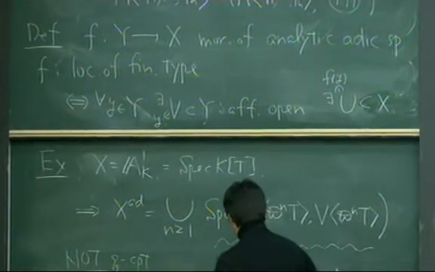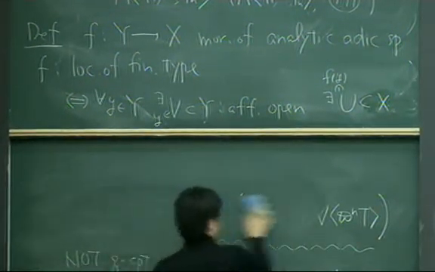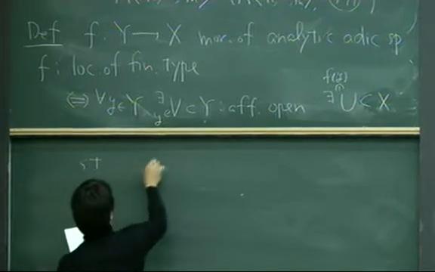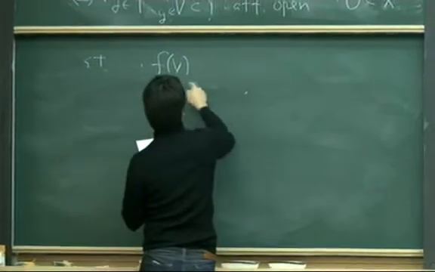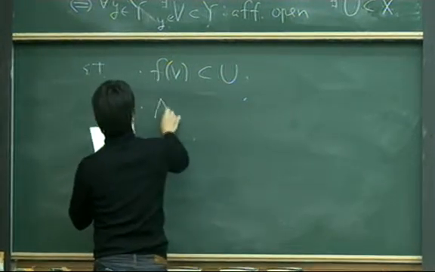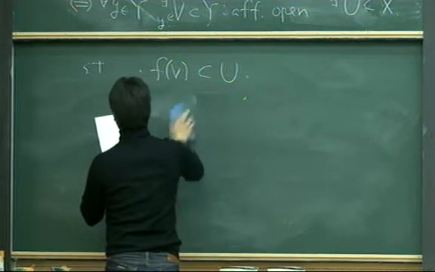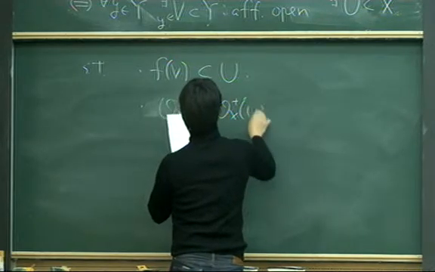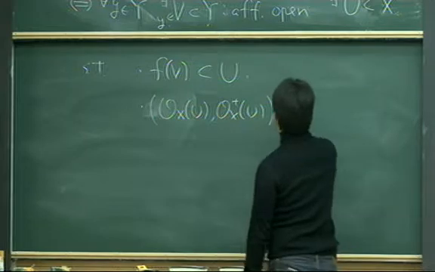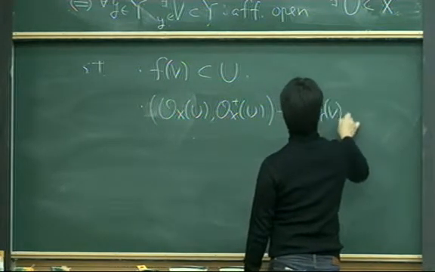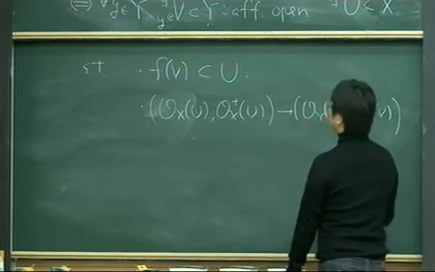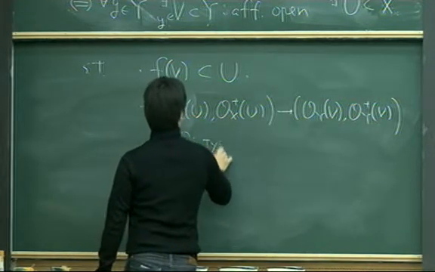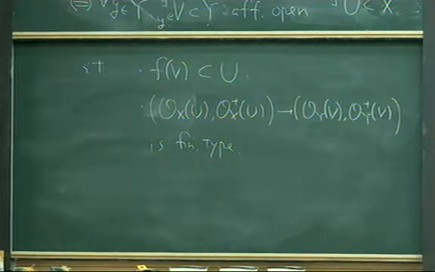Such that the image of V by f is contained in U, and the map from O_X(U), O_X^+(U) to the sections on V is of finite type. What is finite type?